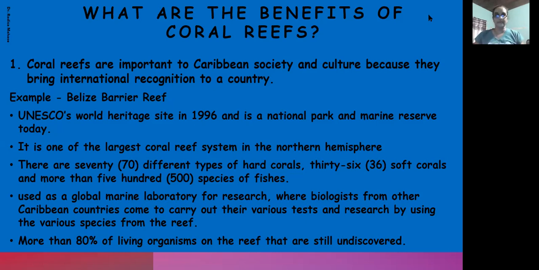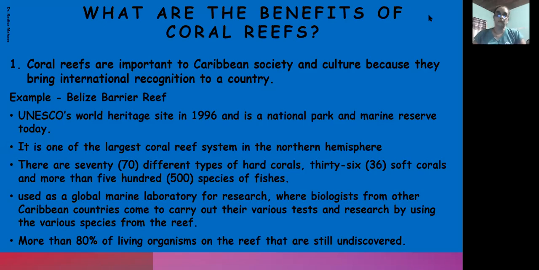Of course, the perfect example is the Belize Barrier Reef, which is a UNESCO heritage site, which, as I said before, is the largest coral reef system in this part of the world. You have so many different types of corals and fishes and so on. It is a global marine laboratory for research.